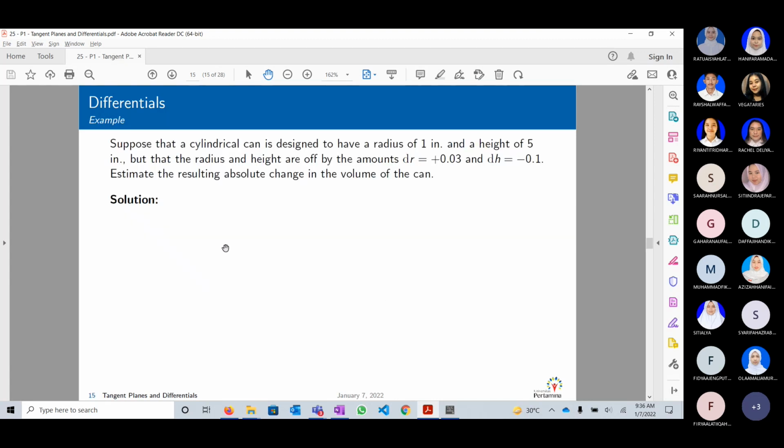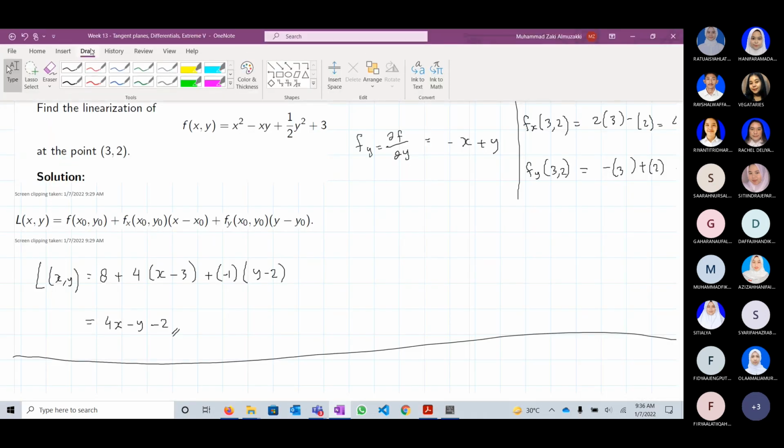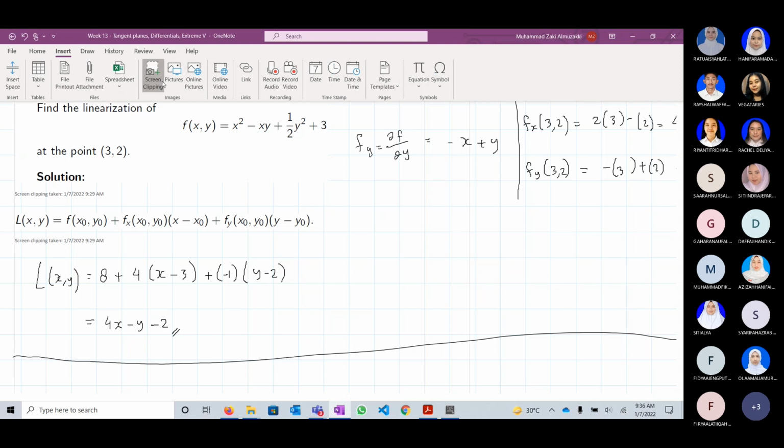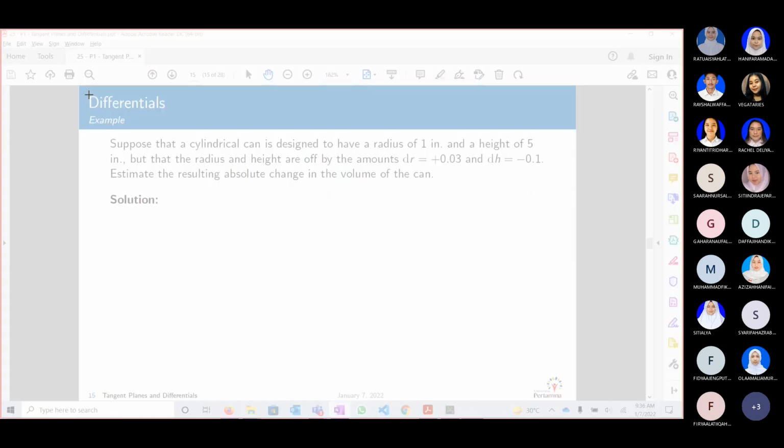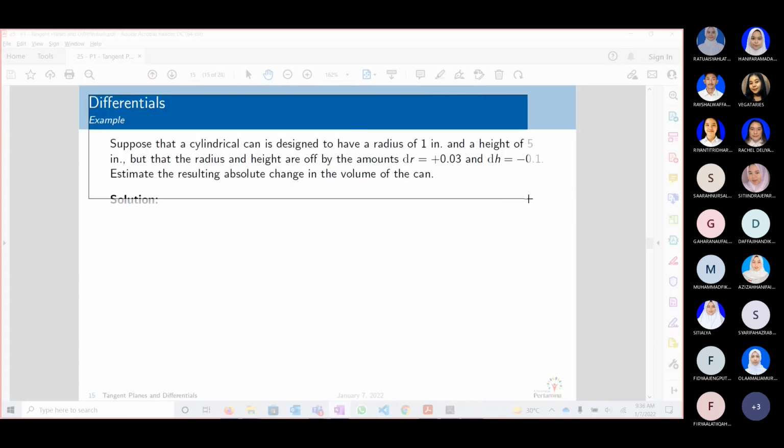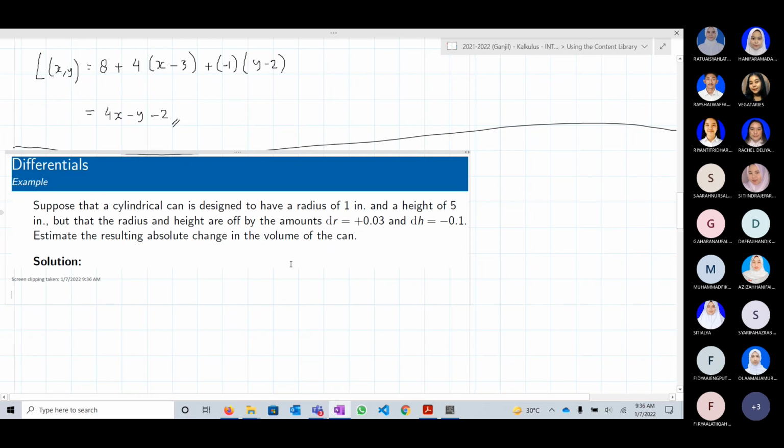For example, suppose that a cylindrical can is designed to have a radius of 1 inch and a height of 5 inch.